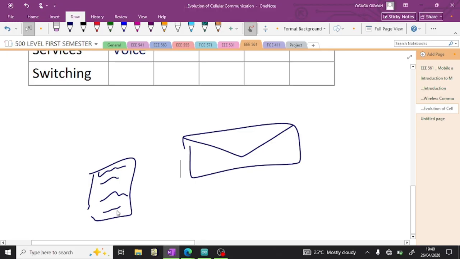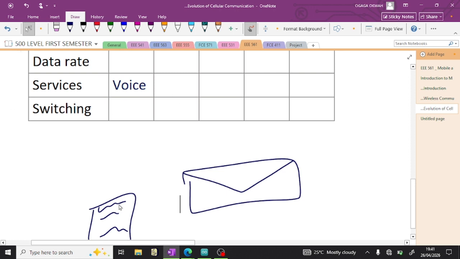So when you put the letter in the envelope, you are going to send the envelope which contains the letter. When the envelope gets to the destination, the person who receives it will take the letter out of the envelope. Are we getting it?